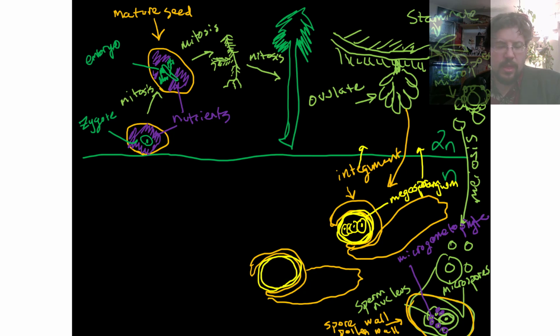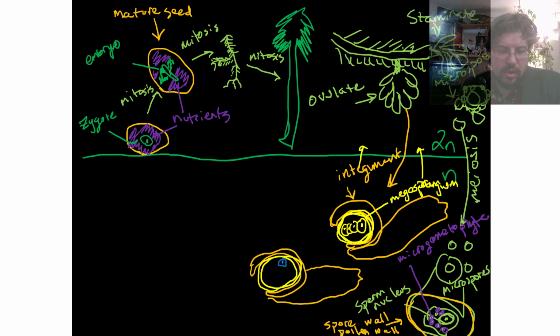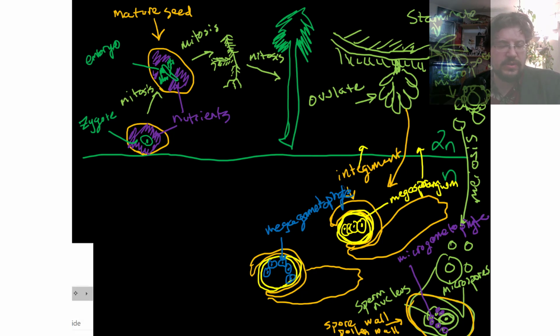And then our megaspore develops into the megagametophyte. That looks good. There. Okay. The megagametophyte produces the egg.